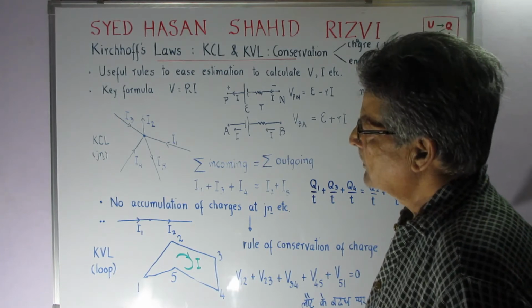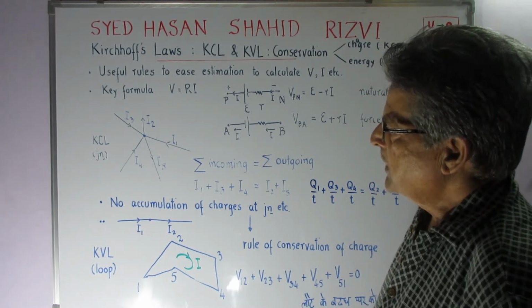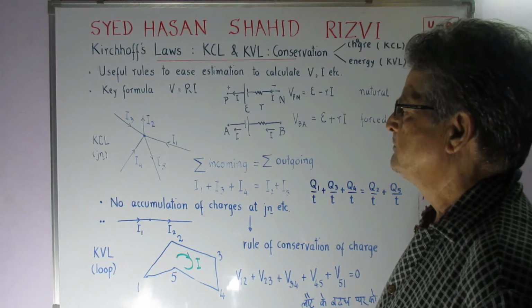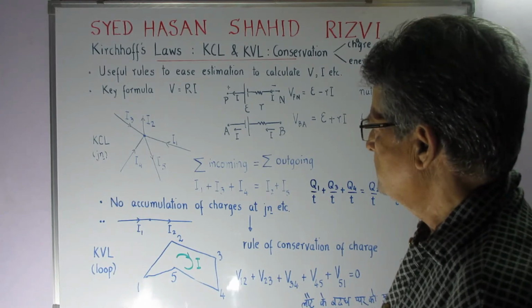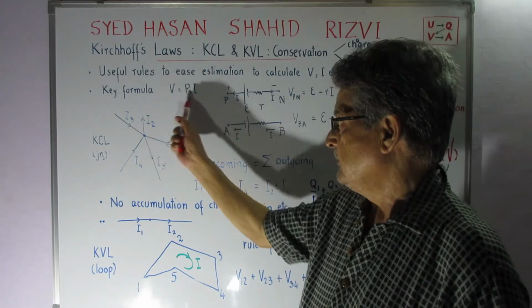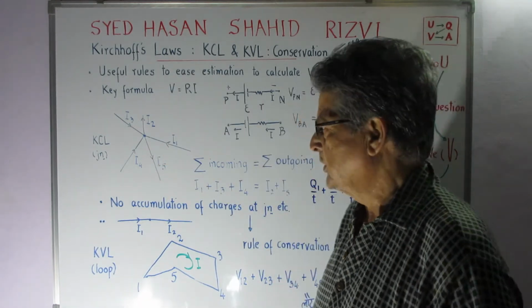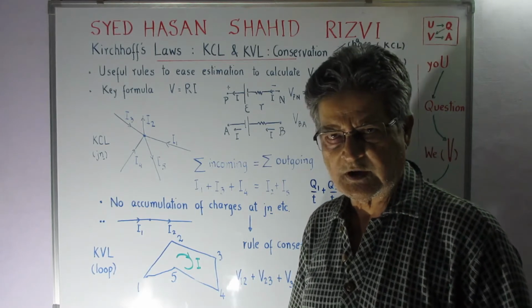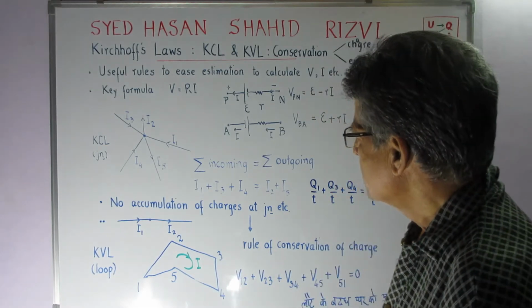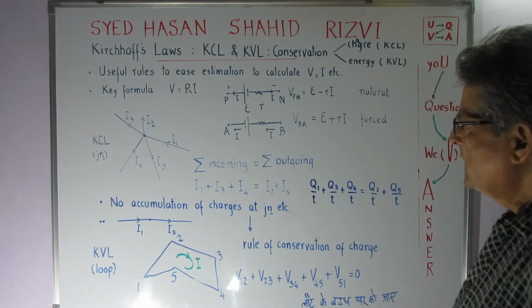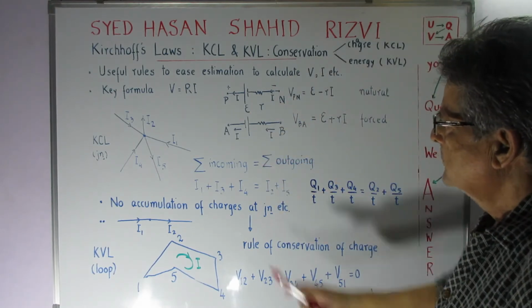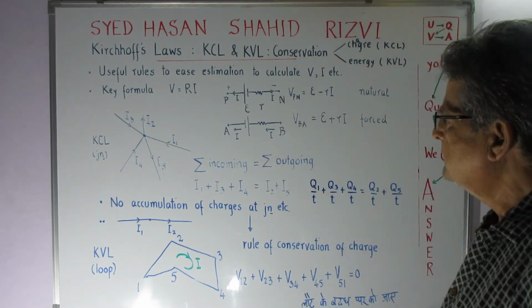Well, we have an idea of both the laws. Of course, when we are talking about the laws, the key formula is V is equal to Ri, wherever there is resistance. And wherever there is a cell, for example, I have shown this cell, this is the positive and this is the negative.